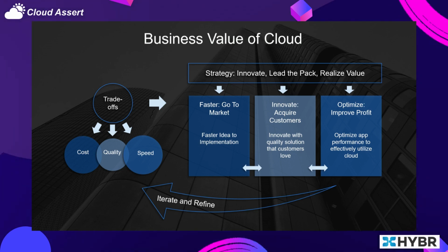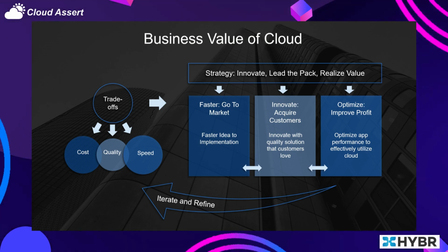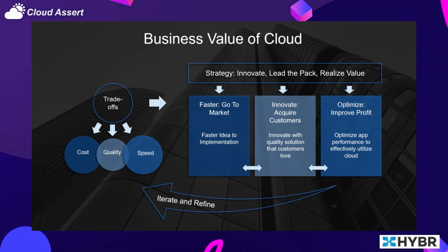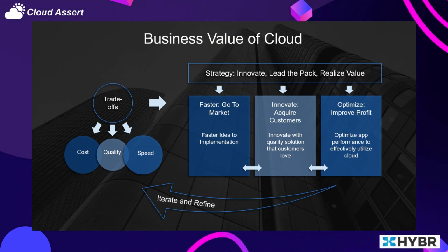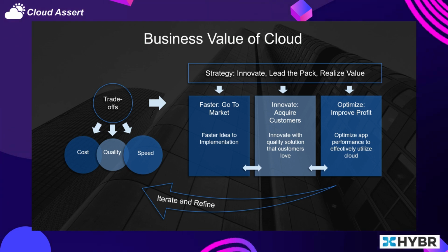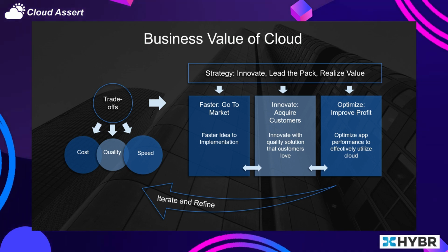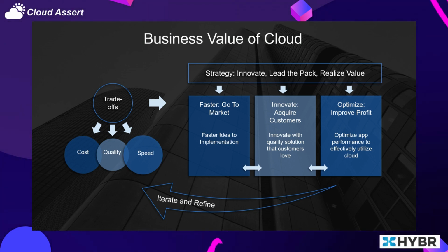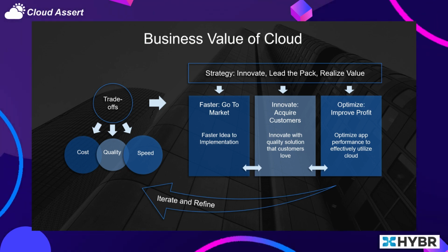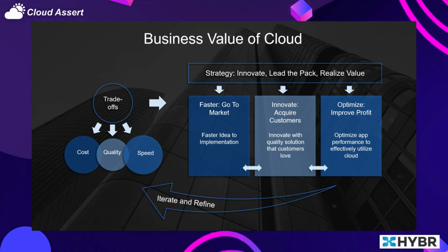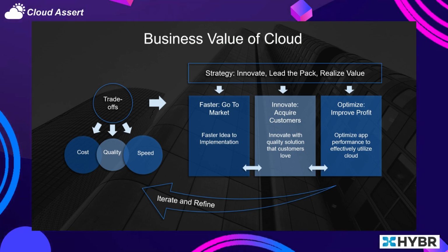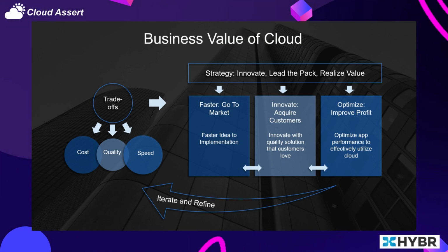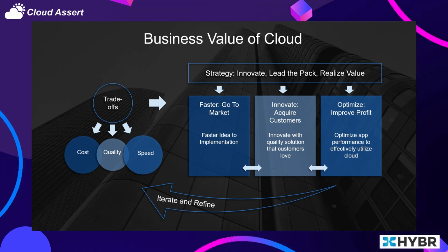So this is the stage where you're going to look at various aspects like investing in reserved instances, committed use discounts, savings plans, and whatnot. But those are not going to be enough. You're also going to look at how you can improve the density of your customers, the number of customers that you can have in your footprint or in your infrastructure. So optimizing and improving the profit comes at this stage.